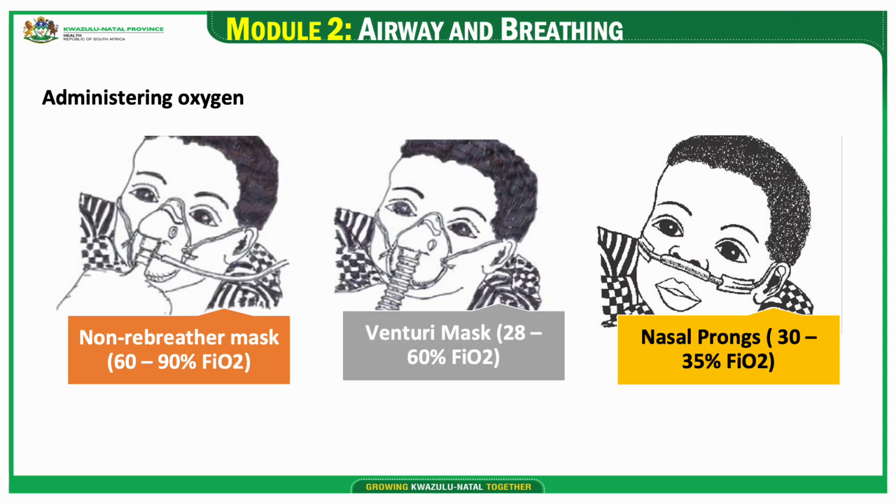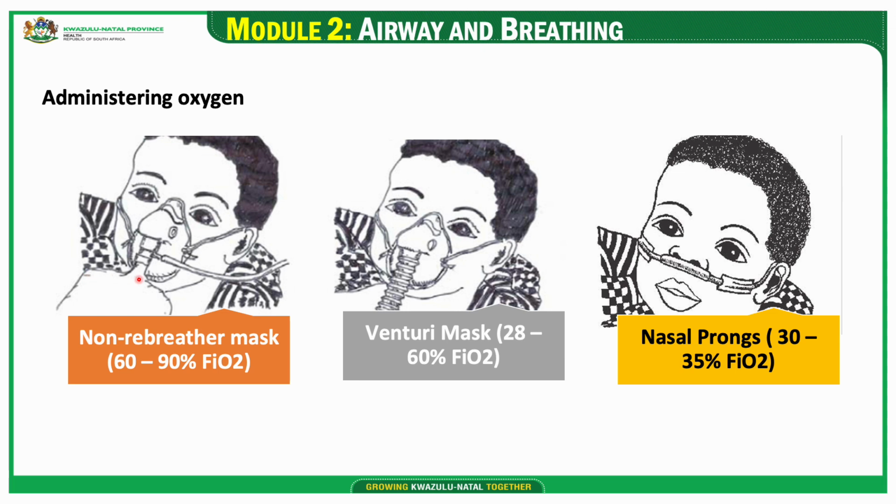So what do you do if the patient is breathing but has central cyanosis or hypoxia? In this case, you need to supplement the patient with oxygen, and we've got different options for oxygen supplementation. In an emergency situation, you will preferably use the non-rebreather mask.